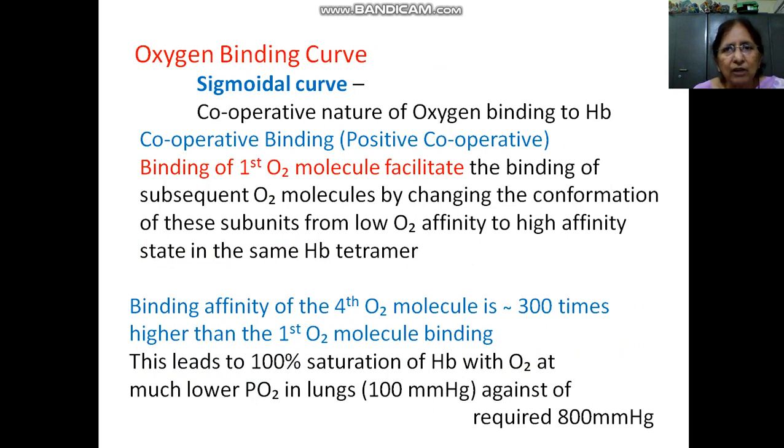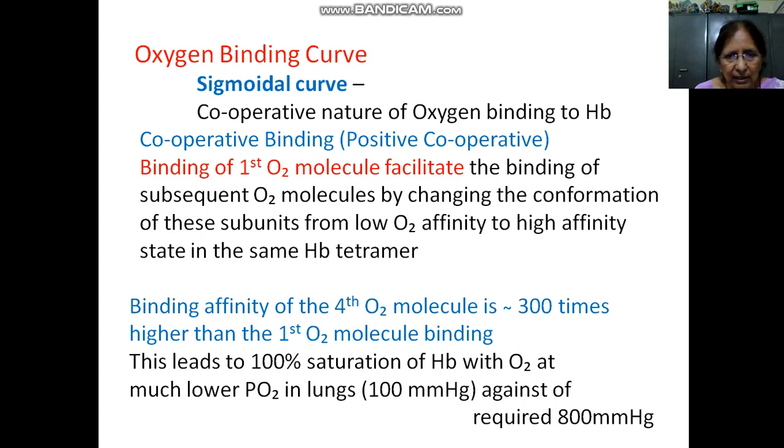Now coming to the oxygen binding curve, it is a sigmoidal curve showing cooperative binding, that is positive cooperative binding. What happens in cooperative binding is that when the first oxygen molecule binds to the hemoglobin, it facilitates the binding of the rest of the oxygen molecules and changes the low affinity hemoglobin to the high affinity state.